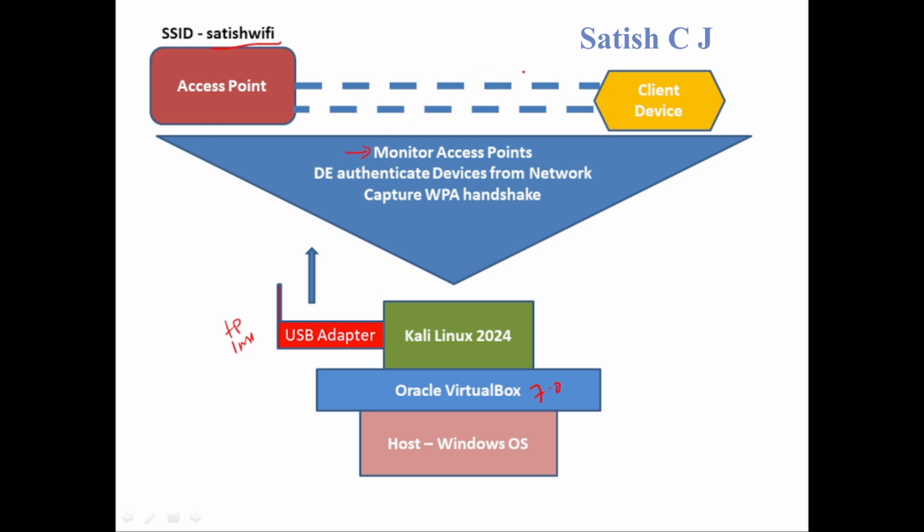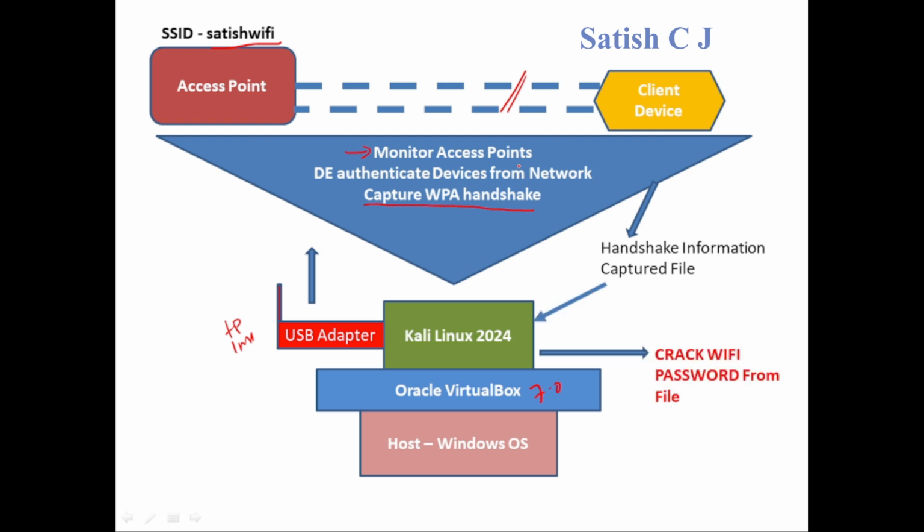What I mean by de-authenticate is we will disconnect all the devices connected to this access point. By that we'll force the devices to connect again. While they are connecting again, we'll be capturing the WPA handshake file from them. Then we will take the WPA handshake file that will be inside our Kali Linux and use tools like Aircrack-ng to capture the Wi-Fi password from that specific information we have received. So this is the overall process.